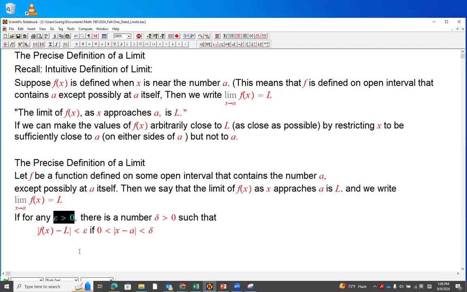What does that mean? From the perspective of function, x is the input, f is the function, and the output is f of x.